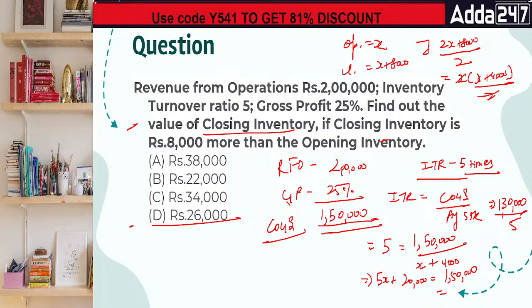Correct. 1,30,000 divided by 5, giving us an answer of 26k. The questions we are dealing with are a few questions which are really good and a few questions which are basically testing your patience as well.